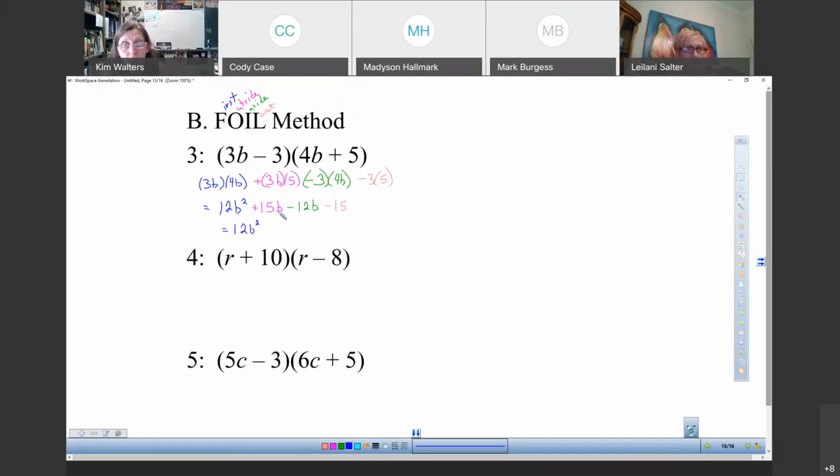These two both have a b on them, so I'm going to collect them together. So I have 12b squared plus 3b minus 15, and that is my final answer. Okay, FOIL, yay! Questions?